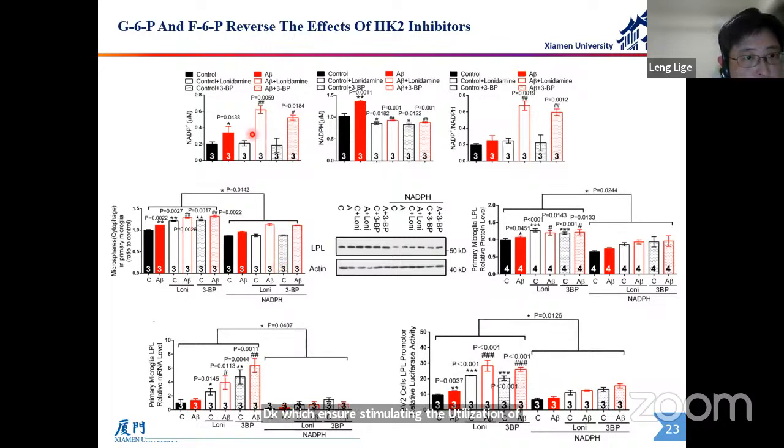To test whether NADPH regulates fatty acid utilization through LPL, we measured the NADPH levels in microglia treated with HK2 inhibitors and found that both lonidamine and 3BP significantly increased the production of NADPH.